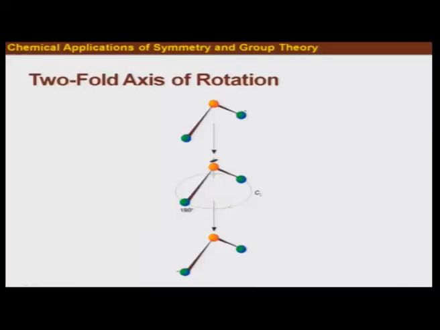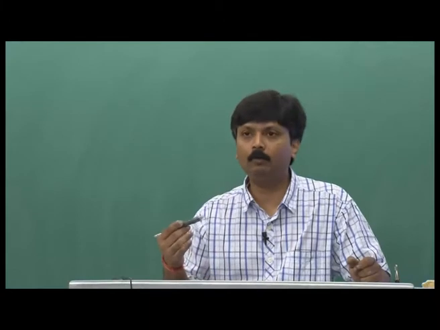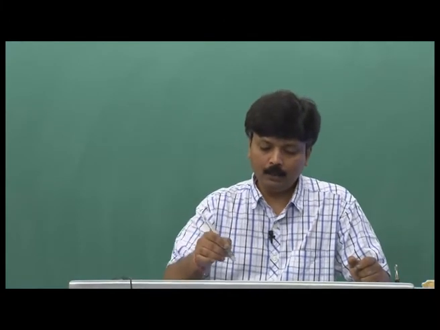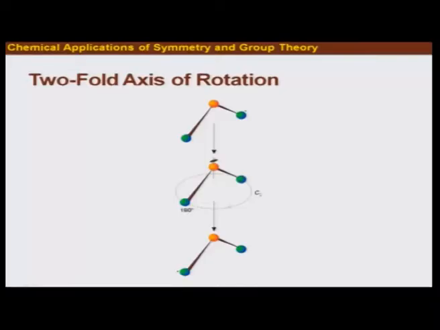Now let's see some more examples of this rotation. As I said, we can have C2, C3, C4 and so on. So here is an example which shows you a twofold rotation, and the axis about which this twofold rotation takes place is called a twofold axis of rotation. So here we have a molecule H2O.